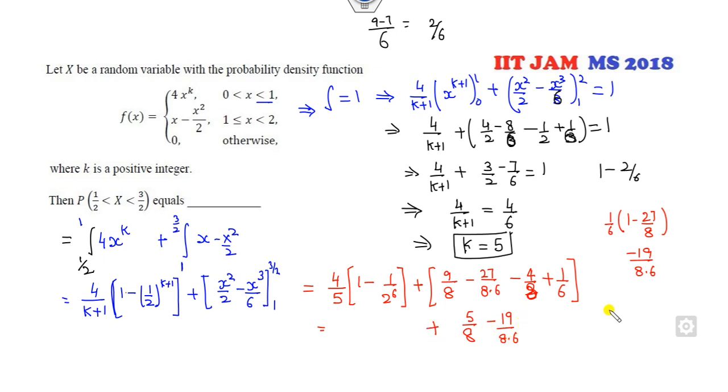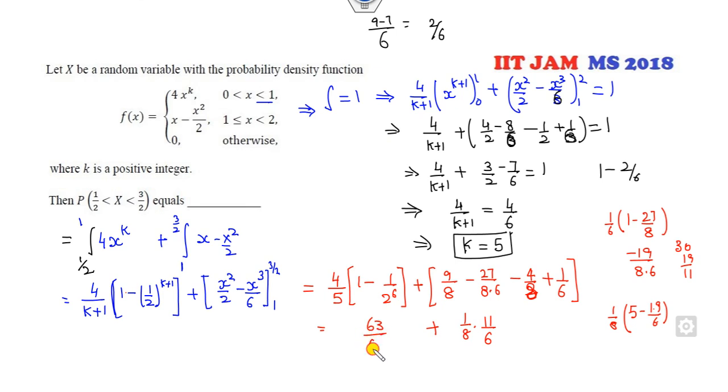Fine. I can take 1 over 8 as common. So it's 5 minus 19 over 6. So 30 minus 19 is 11. 11 over 6. So this value will be my 11 over 6. 1 over 8 into 11 over 6. This value will be 64.